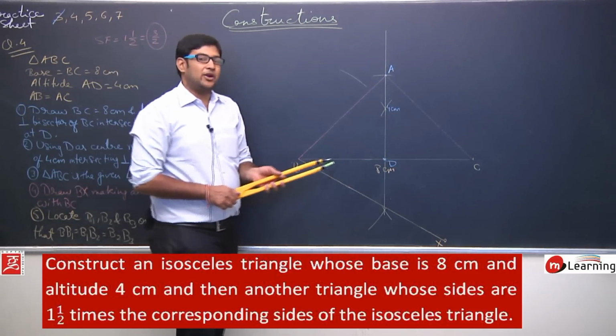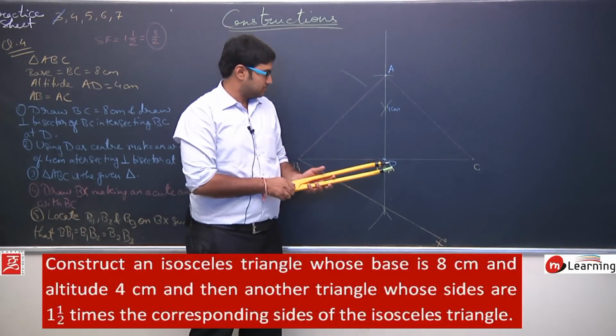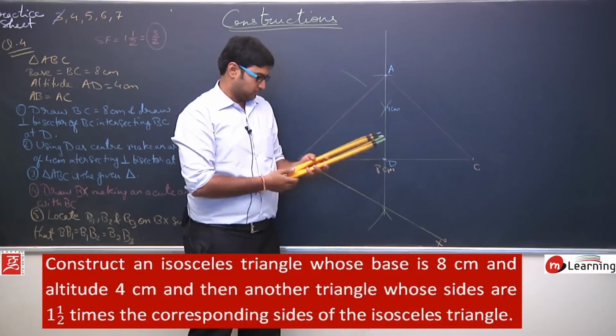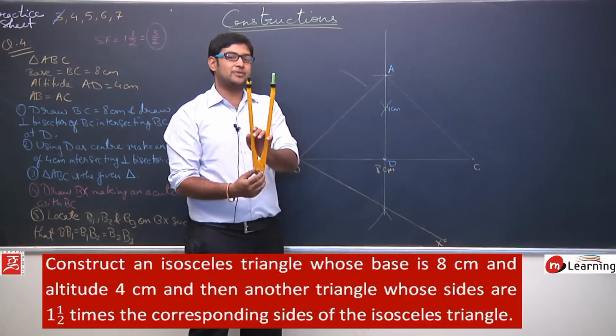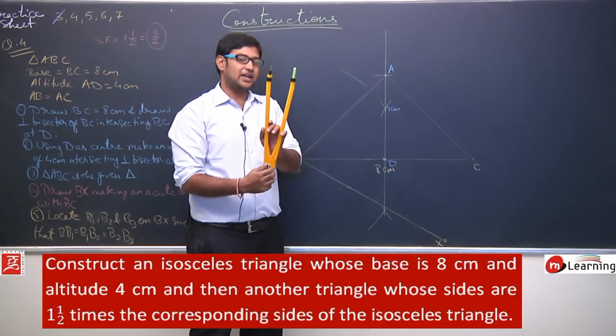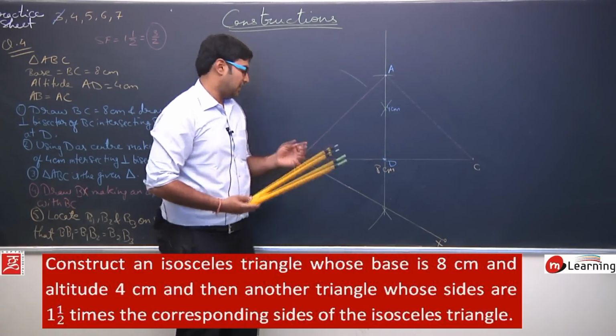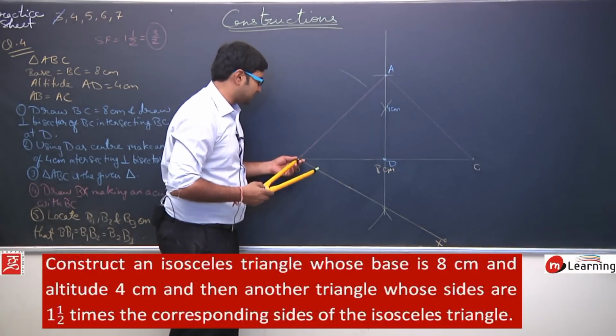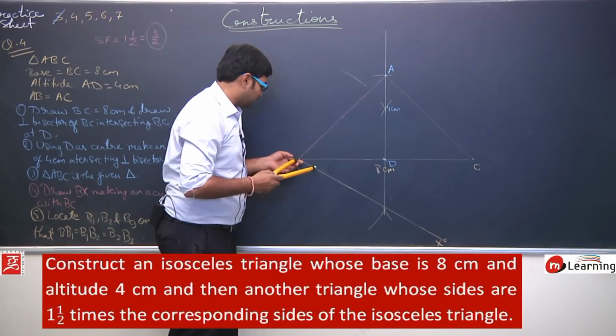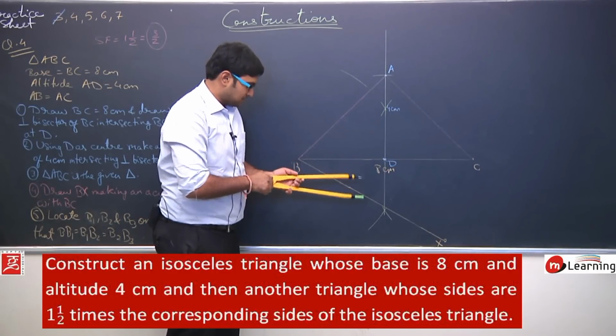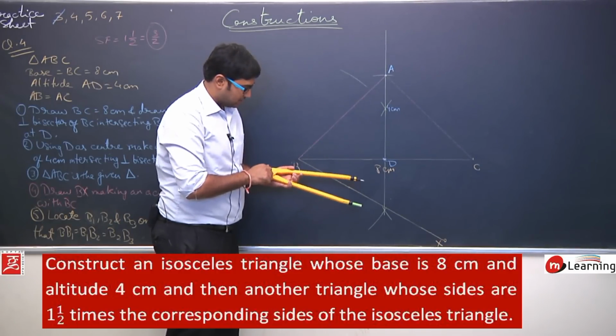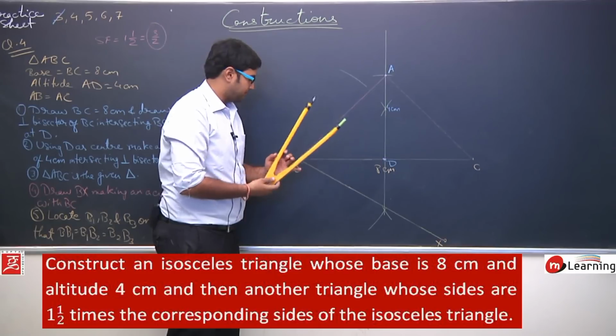So how to locate 3 points? Take some random radius. You can see, let us say I have taken this much. Using this radius I will mark 3 points which are equidistant. Let me take some bigger radius. Yes, this much.